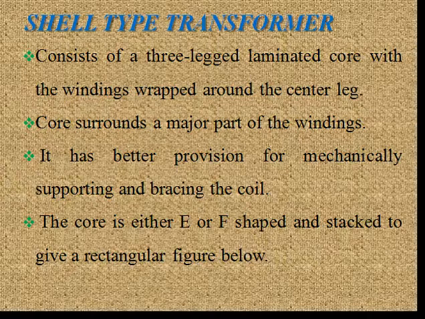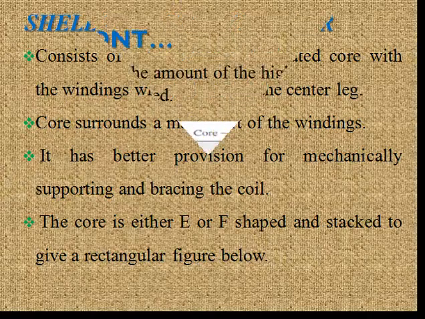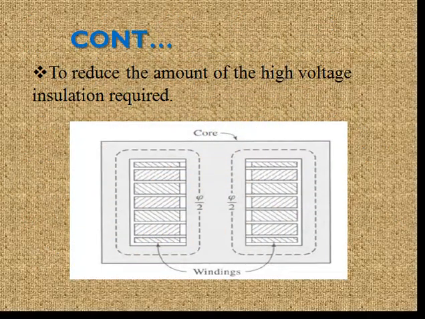The core is either E or F-shaped and stacked to give a rectangular figure, as below, to reduce the amount of high voltage insulation required. This is a shell type transformer.